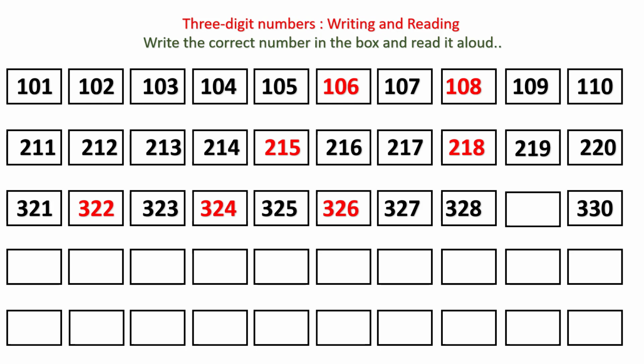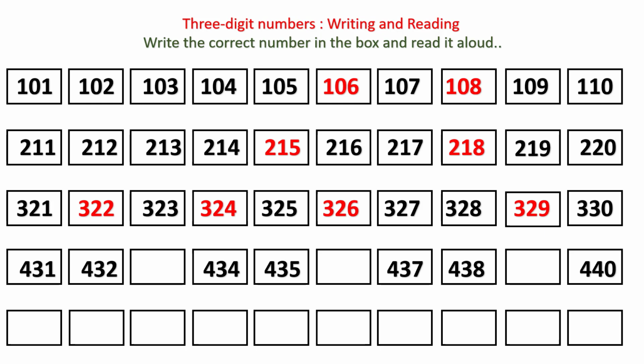After 328 comes 329. 431, 432, 434, 435, 437, 438, 440. After 432 comes 433. After 435 comes 436. After 438 comes 439.